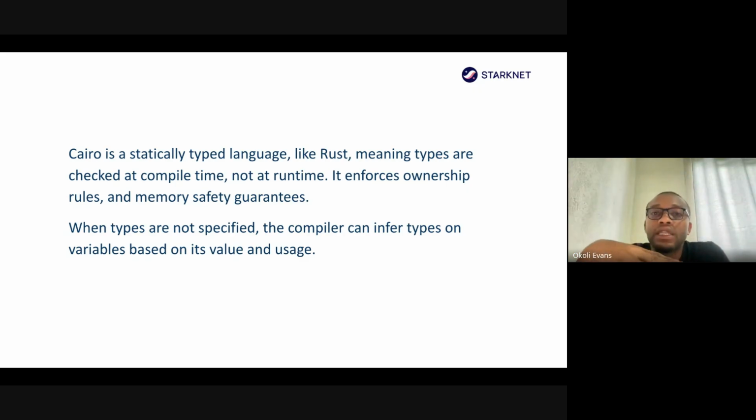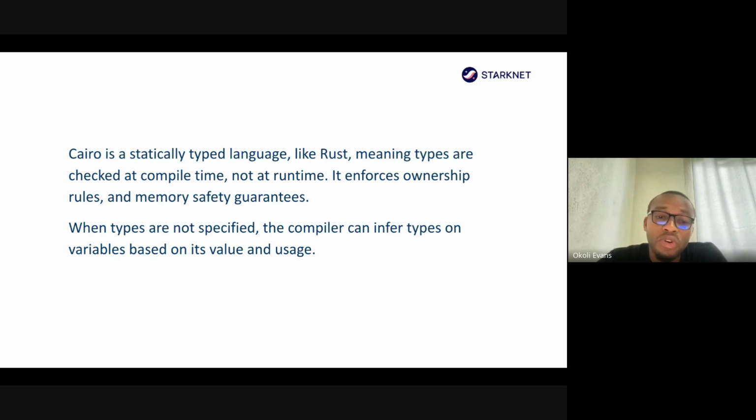I don't know if you guys later looked at ownership. I told you on the first day to try to look at what ownership is, especially in regards to Rust and the Cairo language. So it enforces ownership and memory safety guarantees. I have mentioned memory safety a number of times too. So when types are not specified, the compiler can infer based on the value and the usage.